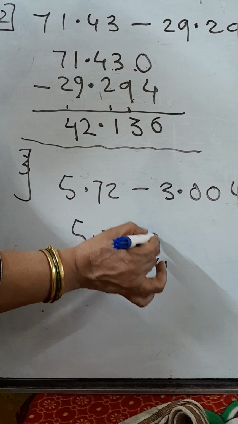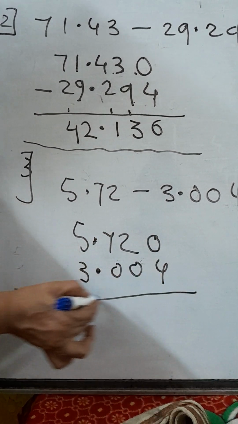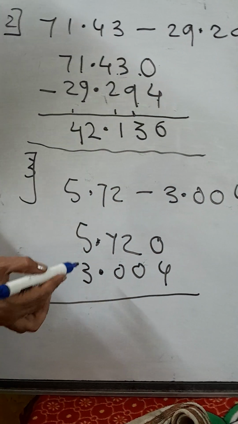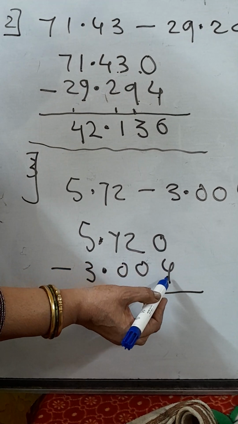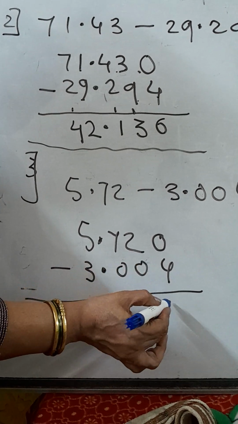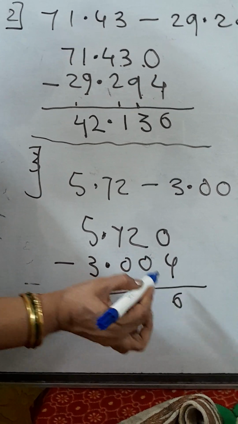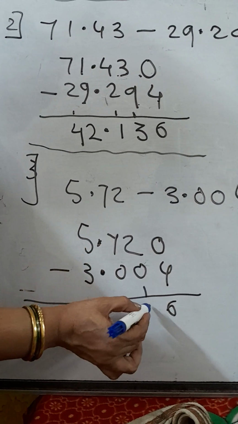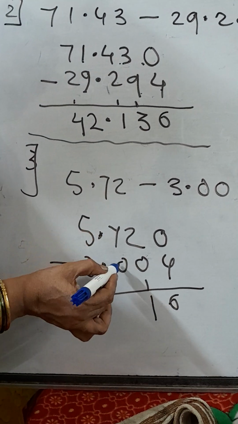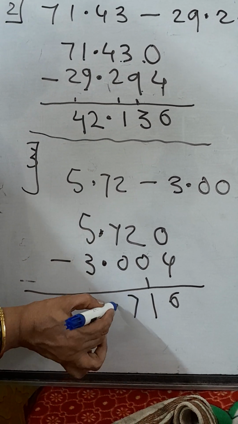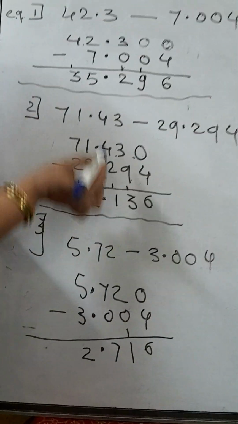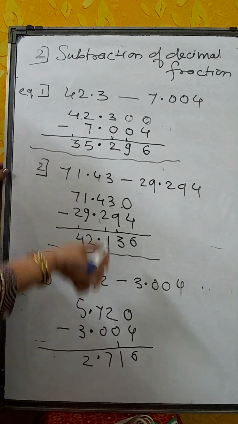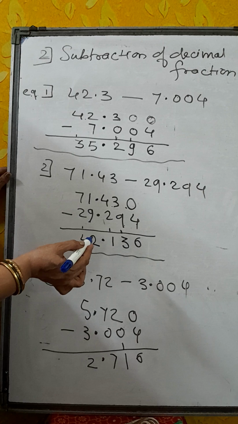Above the 4, 0. I hope you people are understanding and are happy with this. From 0 you cannot cut 4. 10 minus 4 is 6. 1 carry. 2 minus 1, 1. 7 minus 0, 7. 5 minus 3, 2. This is the basic of subtraction in decimal fractions.